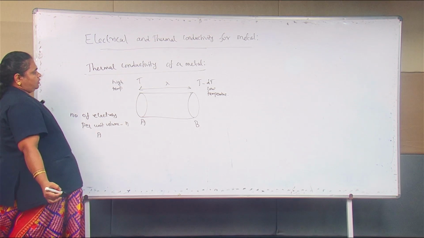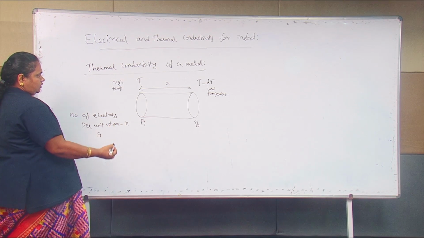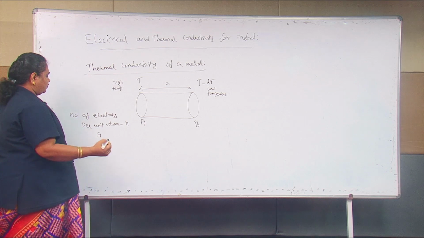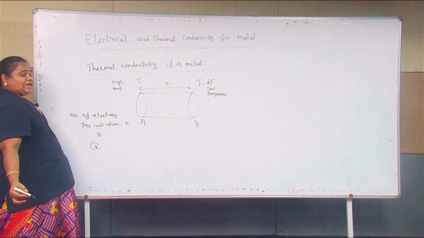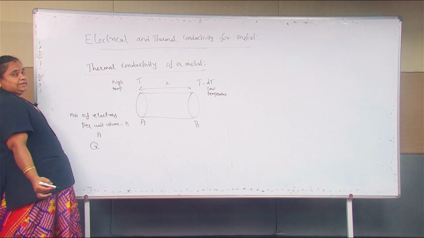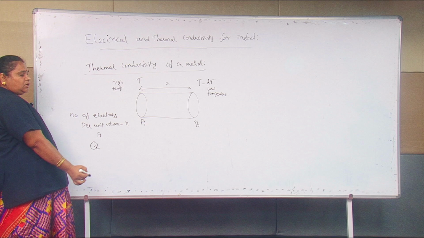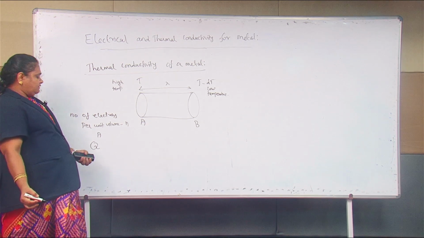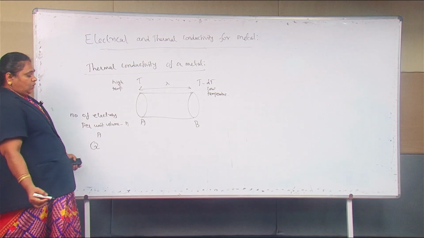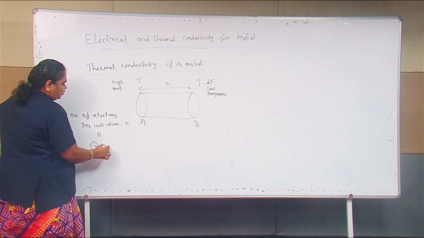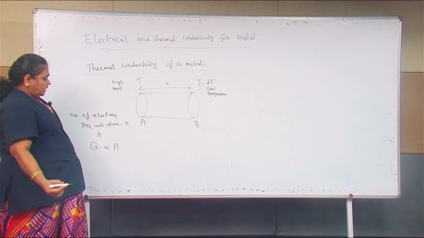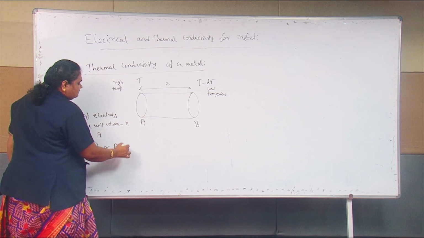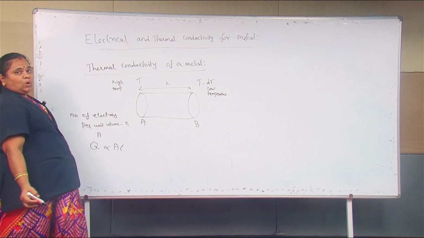Before we get into the exact expression for thermal conductivity, first we need to know the amount of heat conduction through a conductor. Generally the amount of heat conduction is represented by the letter Q. The amount of heat conduction Q is directly proportional to the area of the conductor and the difference in temperature between the two ends.